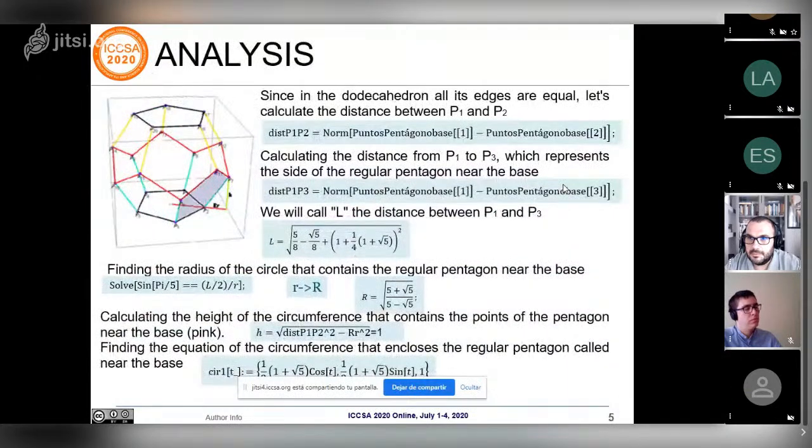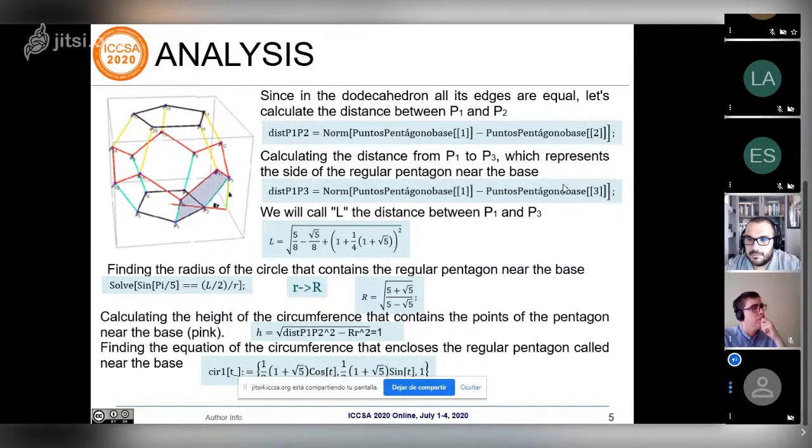For the next regular pentagon, which we will call near the base, it was observed that the distance between two non-consecutive but close points is the measure of the side of that pentagon, which lets us calculate the radius of the circumference that inscribes it, whose value is the golden ratio, approximately 1.618.